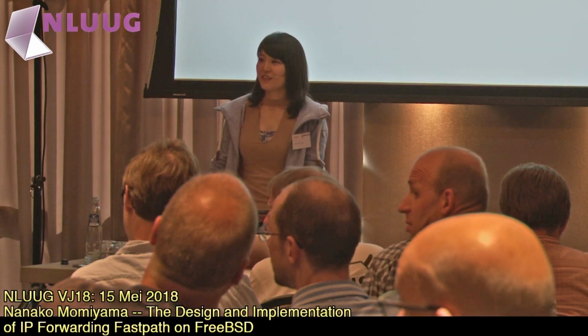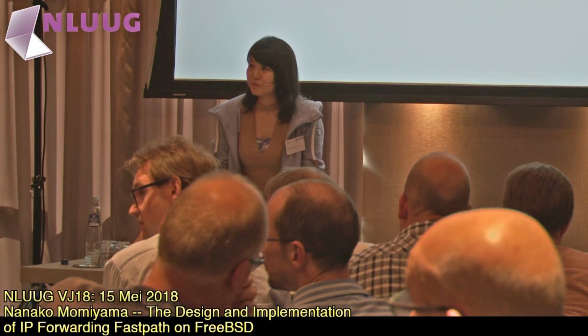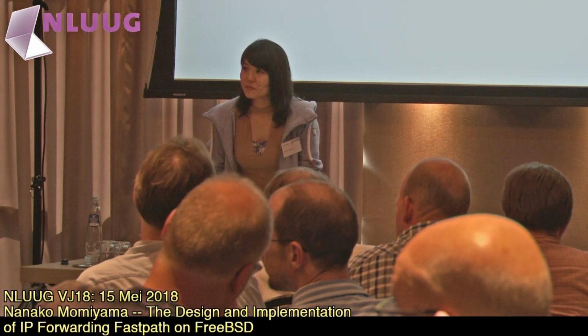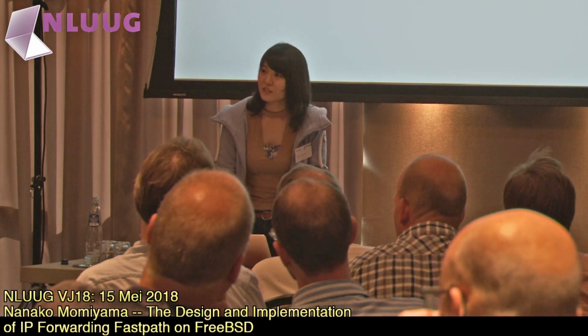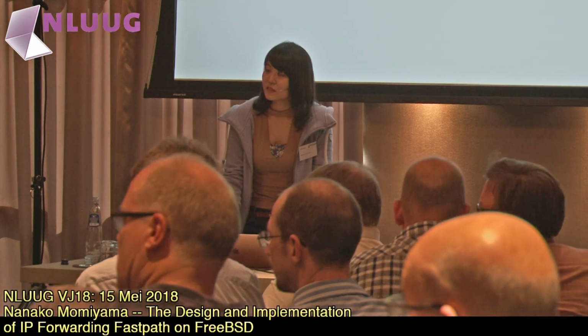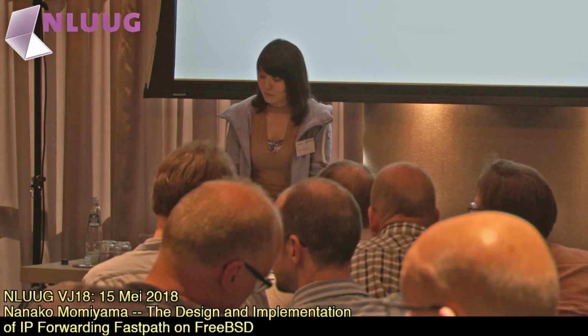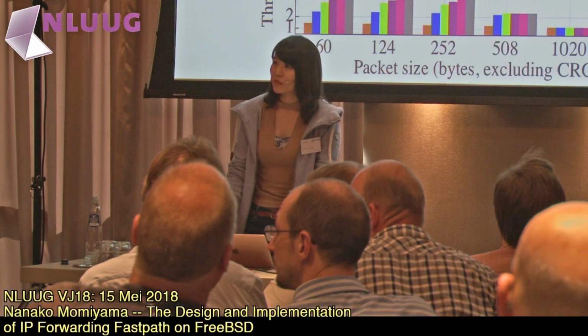So you are getting a speed up of 3.8 times. Have you also done testing on iMix, on mixed packet sizes? I mean you are only looking at small packets. Yeah, small packets. So if you mix packet sizes, does that scale as well?